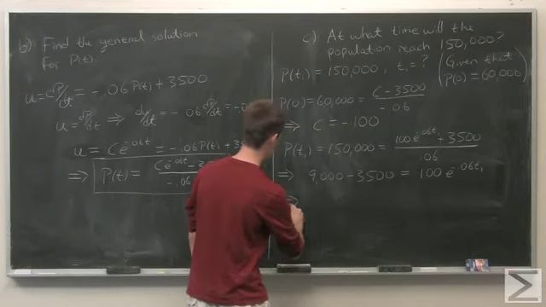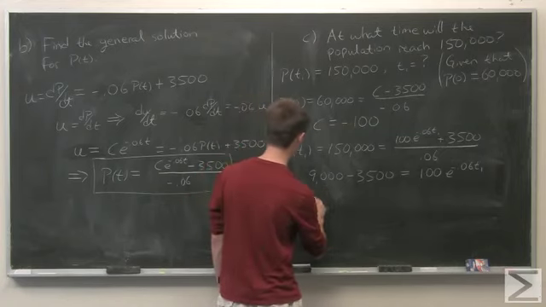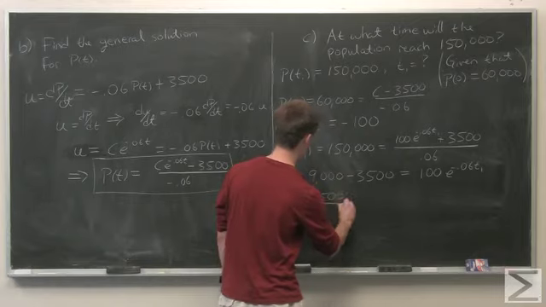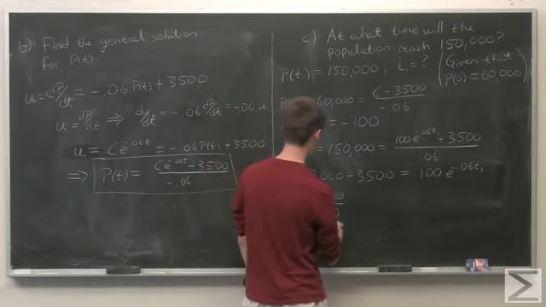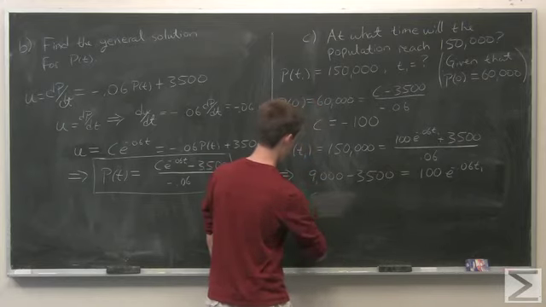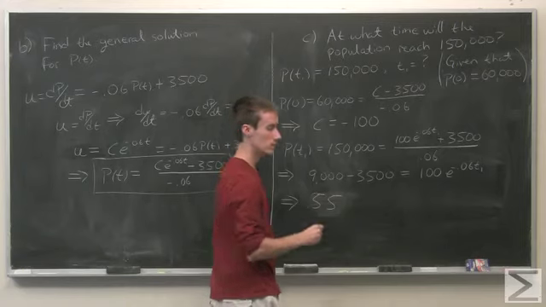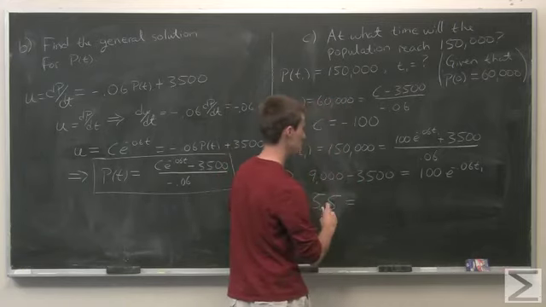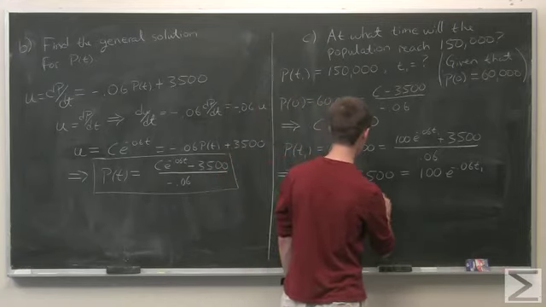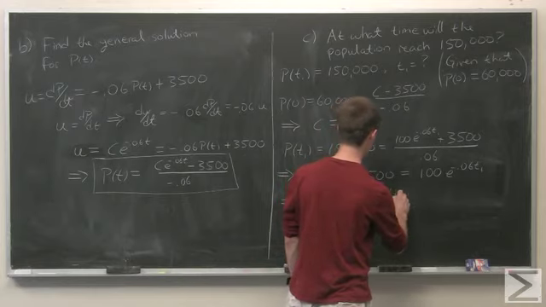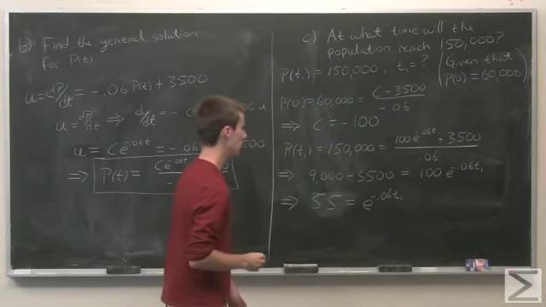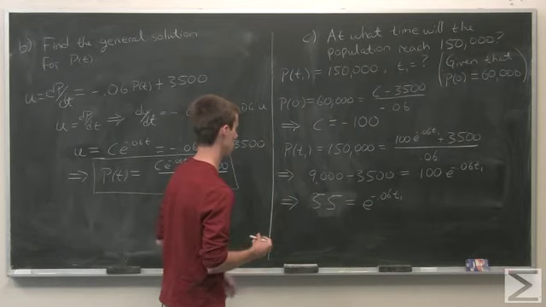And this reduces down to 5,500 over 100, or just 55, is equal to e to the negative 0.06 t1. Now we can take the natural log of both sides here.